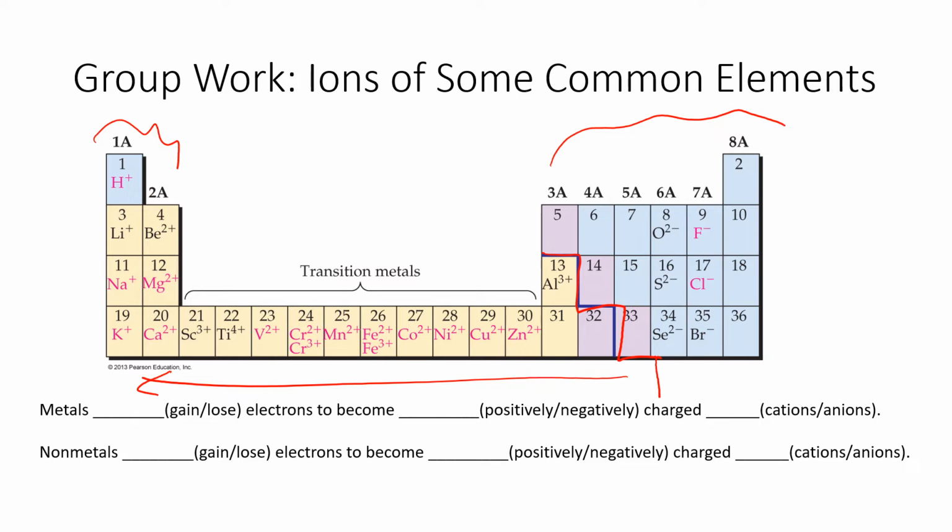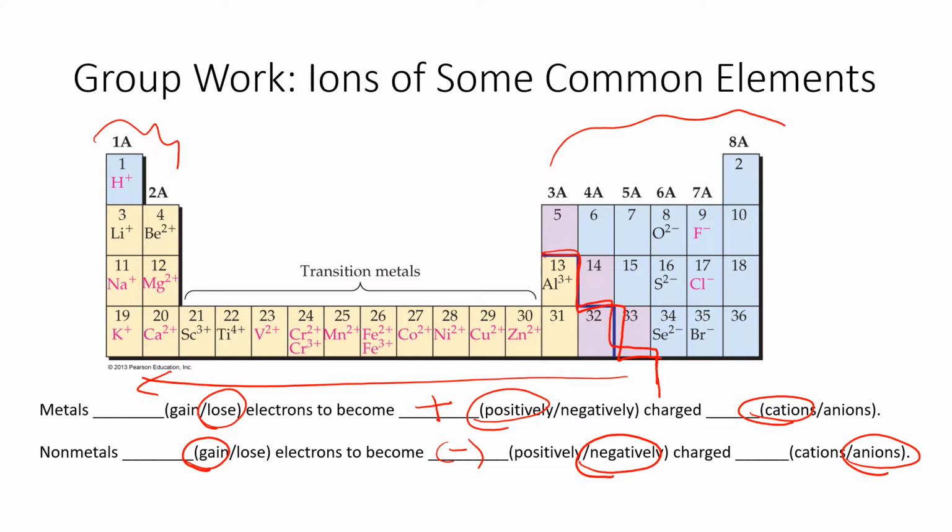So if they're positive, then we can say they are losing electrons. So metals tend to lose electrons to become positively charged, and these would then be defined as cations. Now, if you look to the right of the zigzag line where we have the nonmetals, those guys tend to gain electrons to get to the nearest noble gas to become negatively charged, and therefore they are anions.